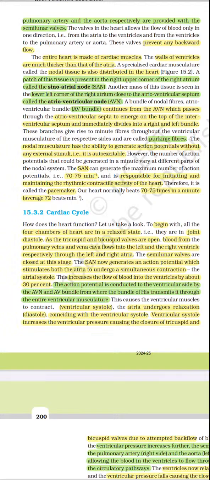The nodal musculature has the ability to generate action potentials without any external stimulus, that is, it is auto-excitable.